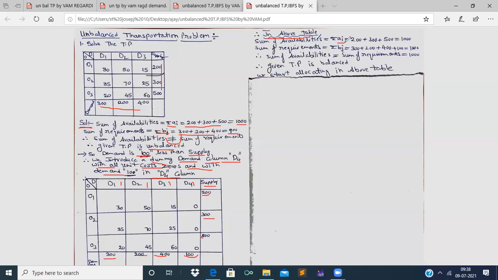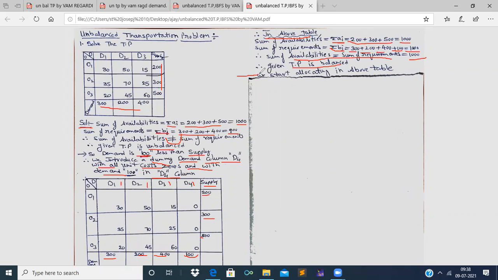Now if we test the balancing property in this new table, the sum of all availabilities, that is summation Ai, is equal to 200 plus 300 plus 500, it is equal to 1000. And the sum of requirements, summation Bj, is equal to 300 plus 200 plus 400 plus 100 is equal to 1000. Now the sum of availabilities is made equal to the sum of requirements, that is 1000. Therefore the given transportation problem is balanced.